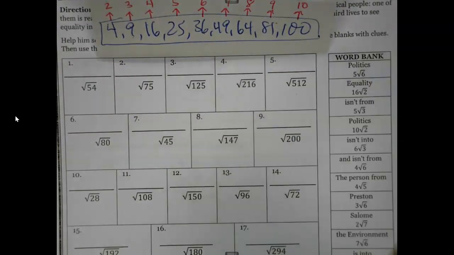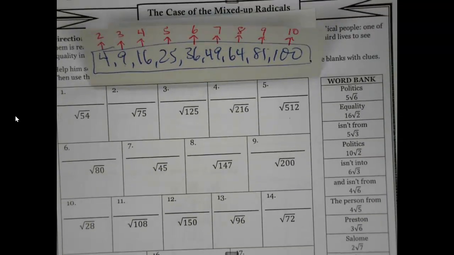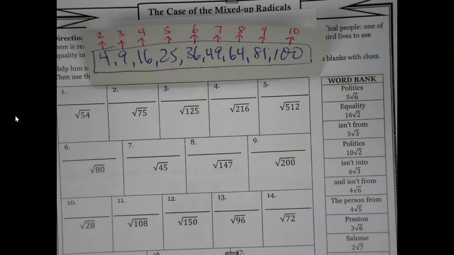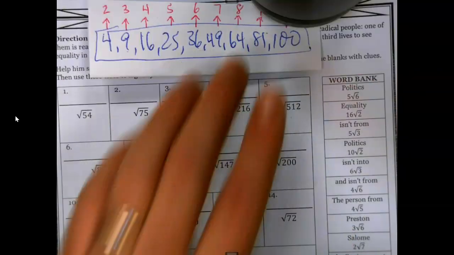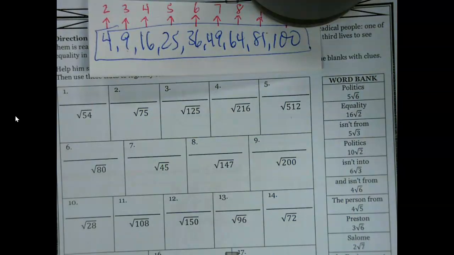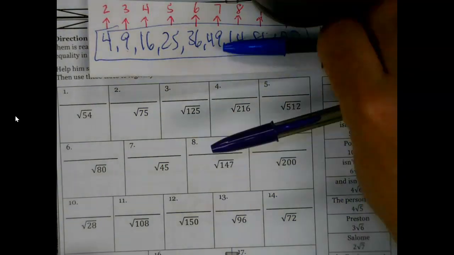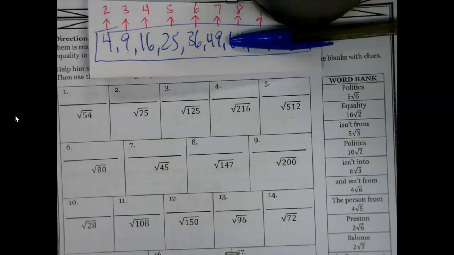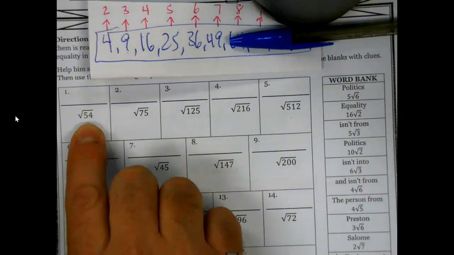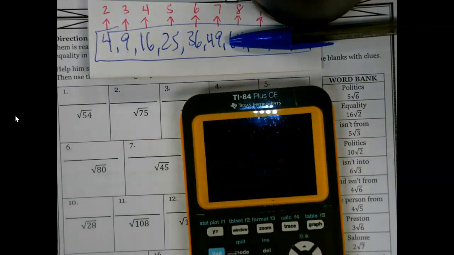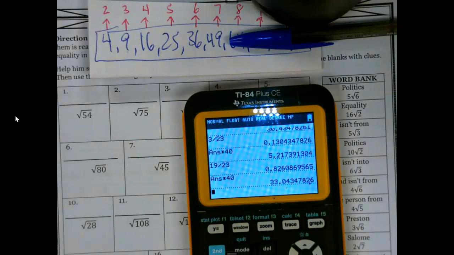When we're looking at these, again, unless you know right off the bat what's going to go into 54, we're looking at the numbers that are less than 54 in this case, and you're just going to start dividing them in.